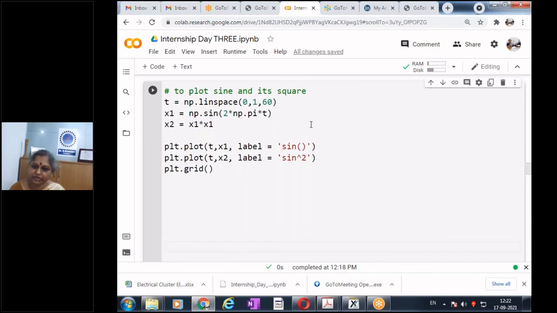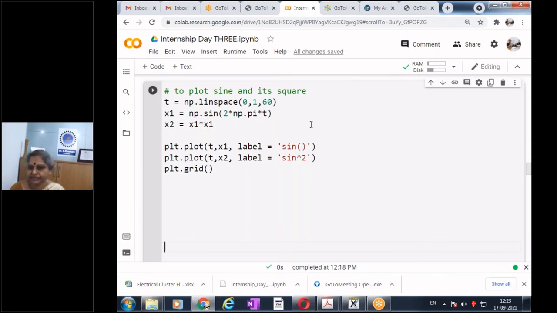Does it look like mod x? No, the answer is not right. It looks like mod x, but it is not mod x. Please tell me in terms of frequency. Does the frequency increase or decrease?